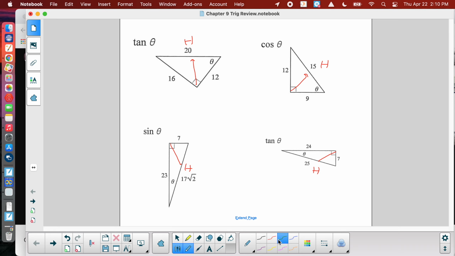Okay, so we identify our hypotenuse. Next we want to identify our opposite side, with theta, the Greek letter. That's just our angle of reference. You don't need to know the name of the letter. It's just like x, a different symbol other than an x. So our opposite side is always across from that.